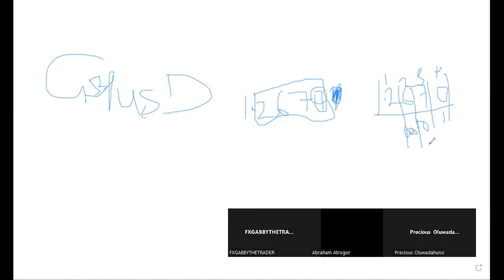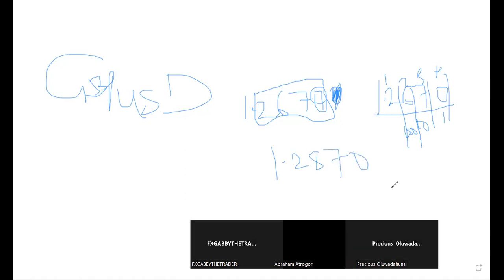So if the current market price of GBP USD changes from 1.2670 to 1.2870, how many pips has that market moved upward?